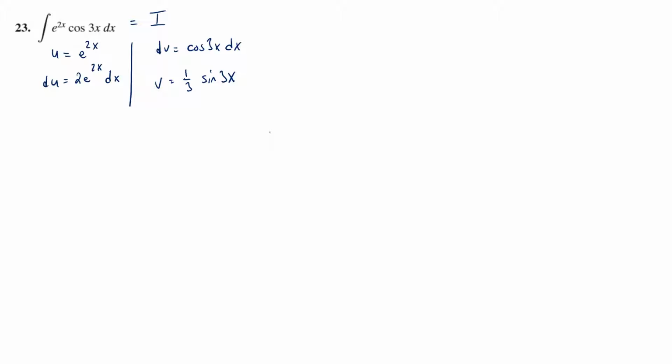And you may recall that parts is the integral of u dv equals uv minus the integral of v du. And so we're going to use this right-hand side of the equation at this point. All right, so we have I, the original integral, equal to uv.